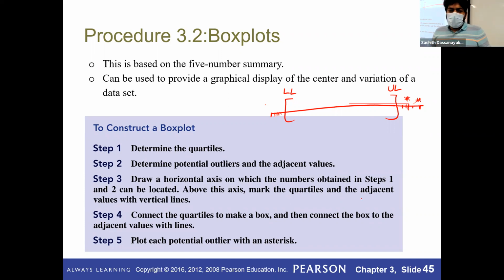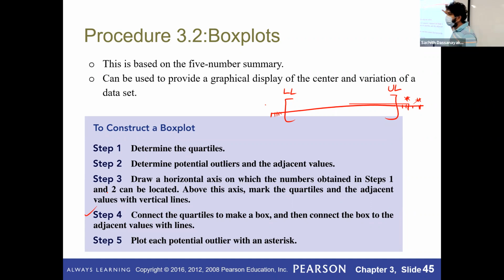Then there is something you need to know: how to represent Q1, Q2, Q3, and minimum, maximum. Those 5 things plus outliers, which means you are going to represent 6 things within this box plot. 5 numbers plus outliers.